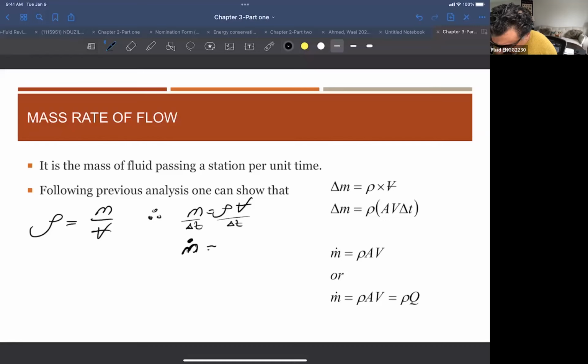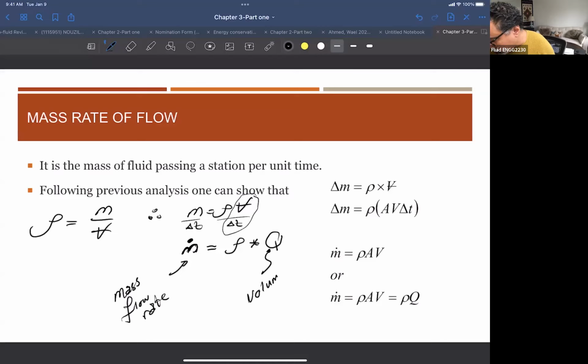So m dot here is the mass flow rate. So this volume over T is basically our Q, right? So V over T is the volume flow rate. So rho times Q is the mass flow rate, and this is the volume flow rate. Okay, so the difference between the mass flow rate and the volume flow rate will be the density.